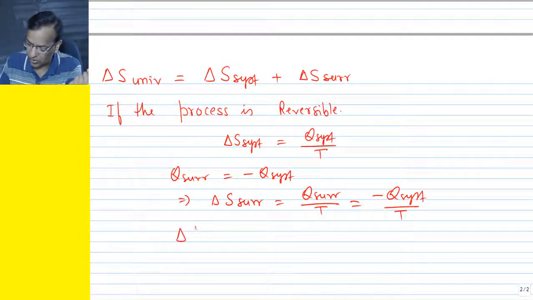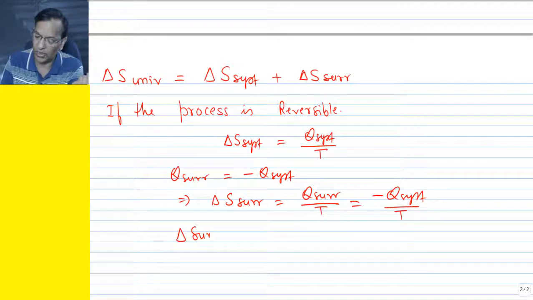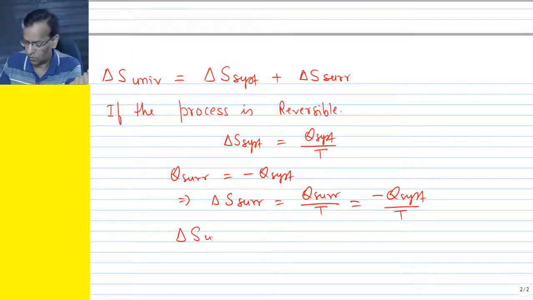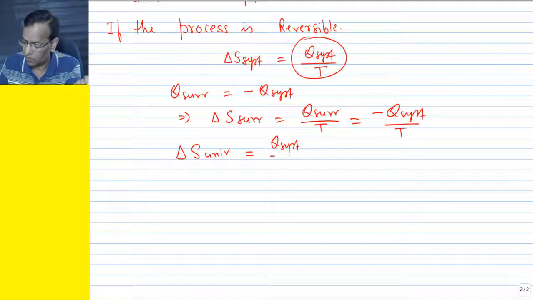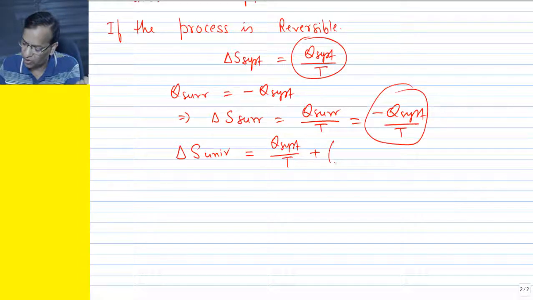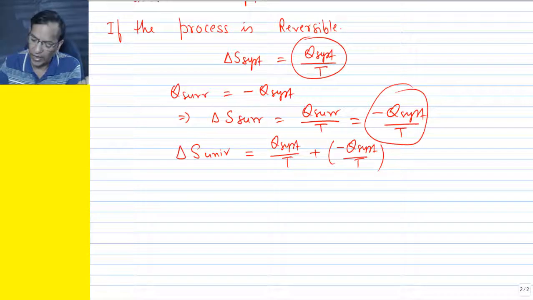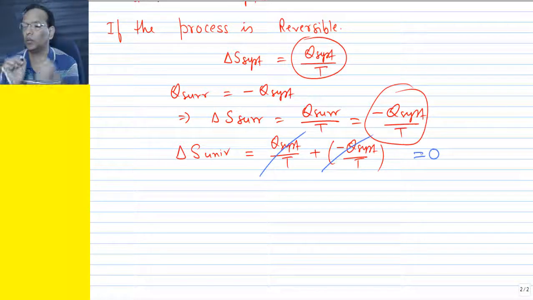So delta S universe can be determined using the above two expressions. Delta S system is Q system by T plus delta S surrounding is minus Q system by T. And these two terms will cancel out to give 0.